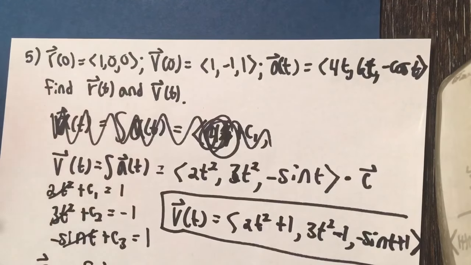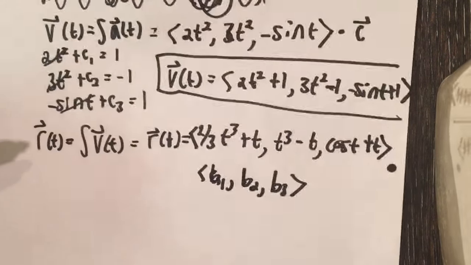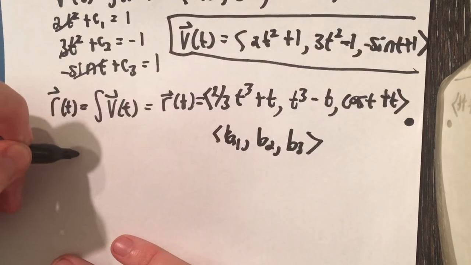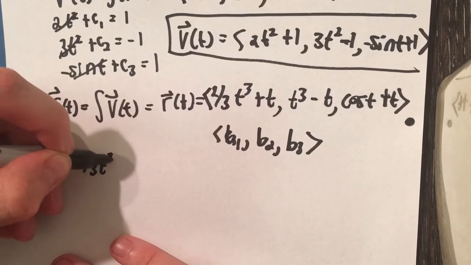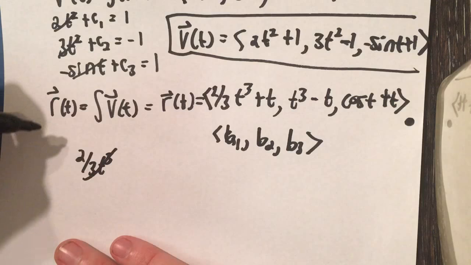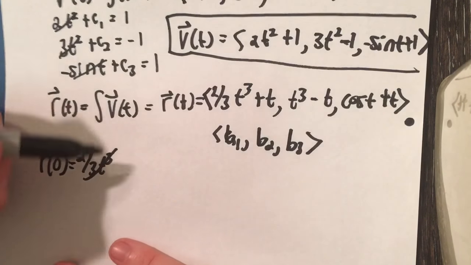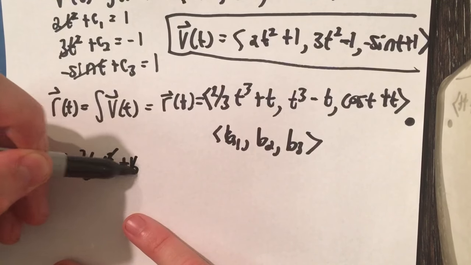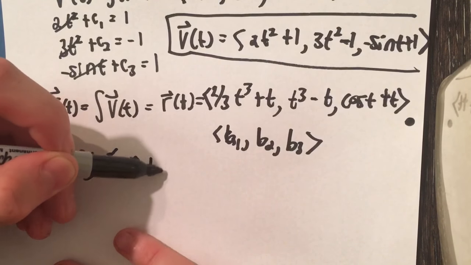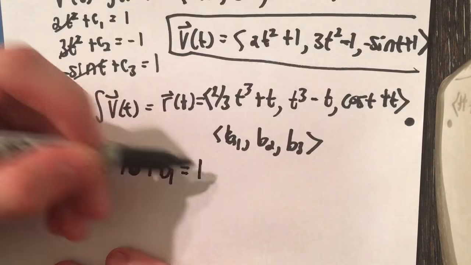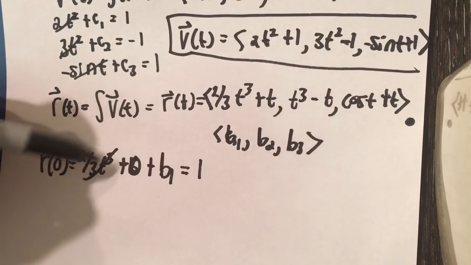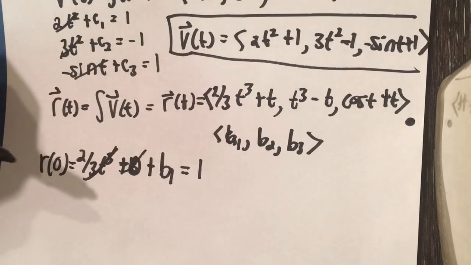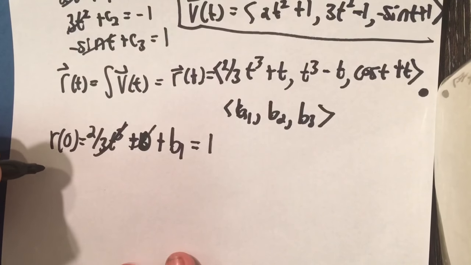We have the initial condition of r0, and when we solve for those, we would get 2/3 t cubed cancels to 0 because this is at t equals 0. 2/3 t cubed plus t plus b1 equals 1. Now everything cancels to 0 when t equals 0, so therefore b1 equals 1.